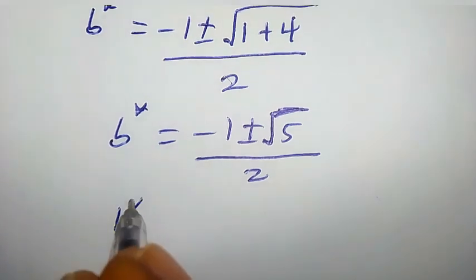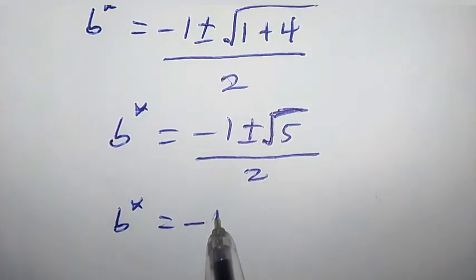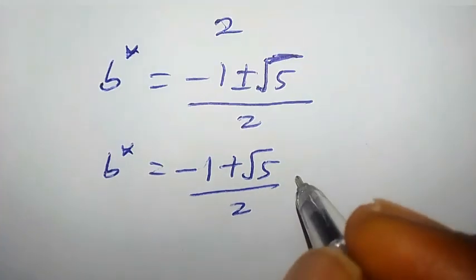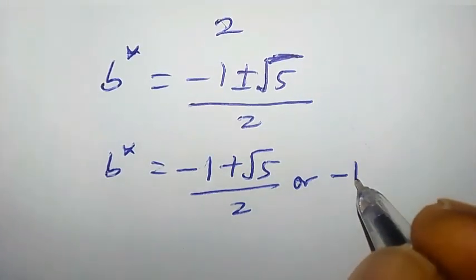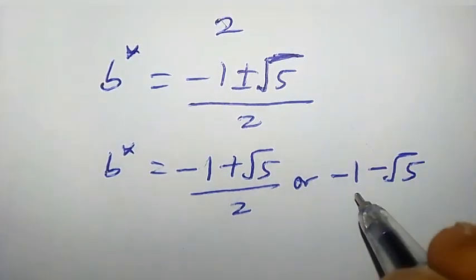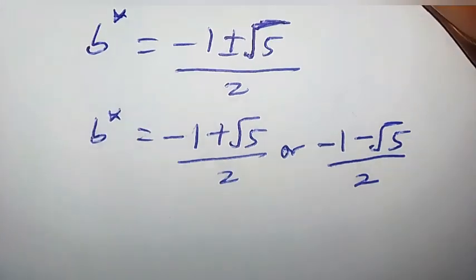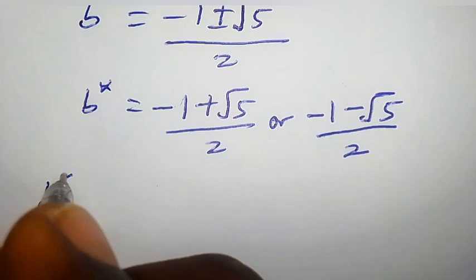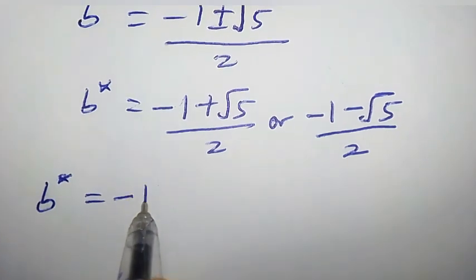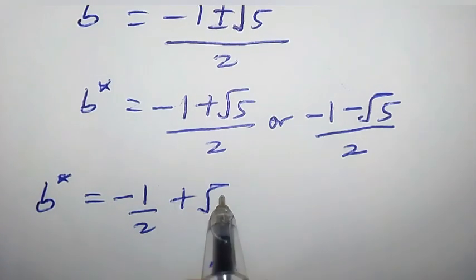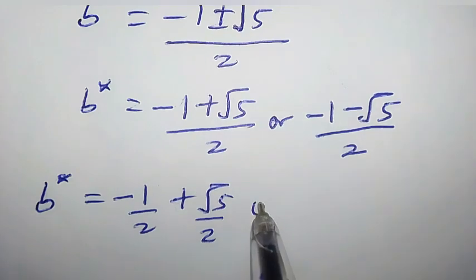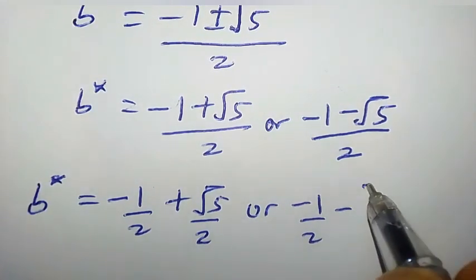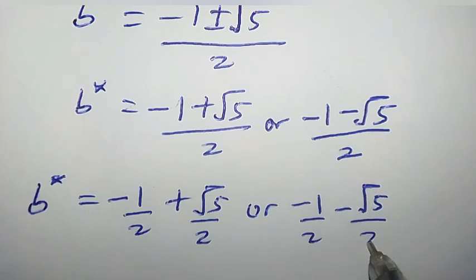So B star is equals to minus 1 plus square root of 5 over 2, or negative 1 minus square root of 5 all over 2. We can split these two guys, so that becomes B star equals to minus 1 over 2 plus square root of 5 over 2, or minus 1 over 2 minus square root of 5 over 2.